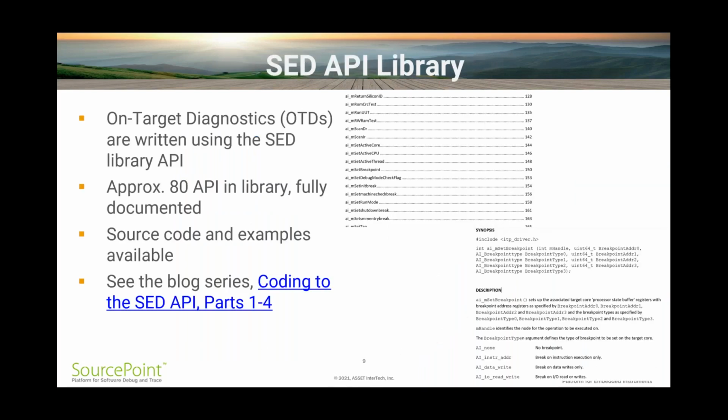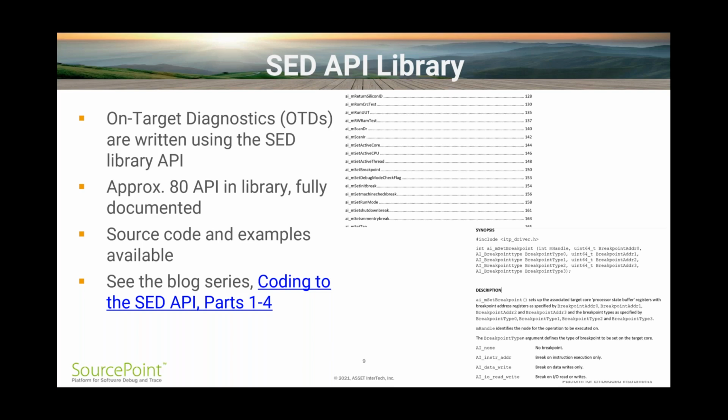In the Asset case, the SED API library is a fully documented, fully supported API that people code to, and if you're writing an on-target diagnostic, or OTD, you invoke the API, of course. There are about 80 APIs in our library, all fully documented. The image at the top left is an excerpt out of the table of contents associated with our API.